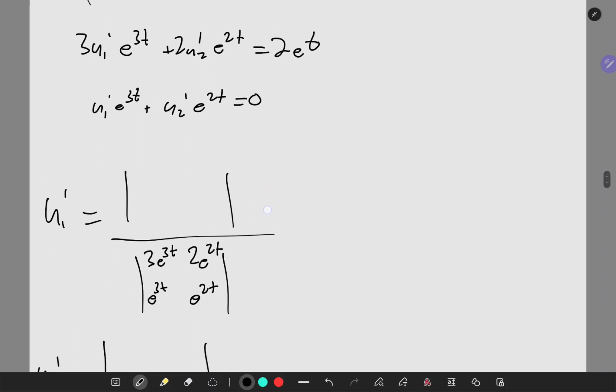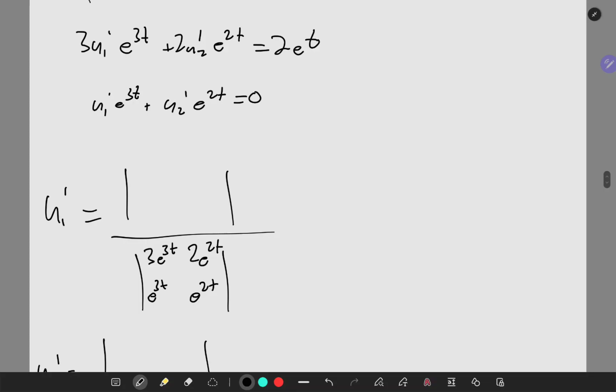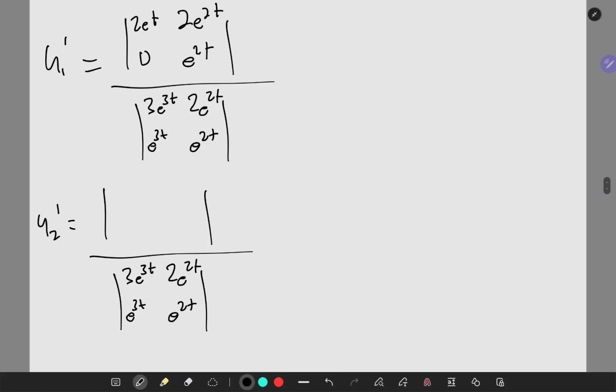Okay, so u1 prime. Remember, we're going to take, oh yes, I remember now. We take the coefficient matrix and we're just going to replace the first column with what's on the right side of our equation. So we're just going to replace this first column here with 2e to the t and 0. Second column is going to stay the same. And for the second one, we're going to replace the second column.